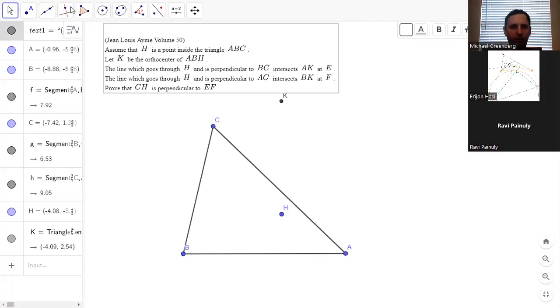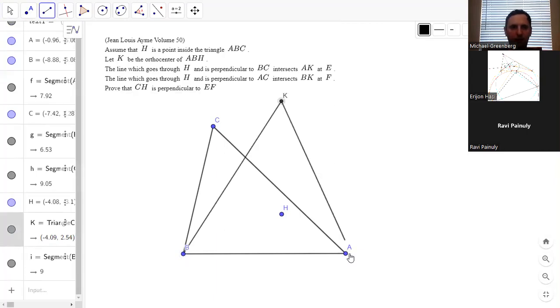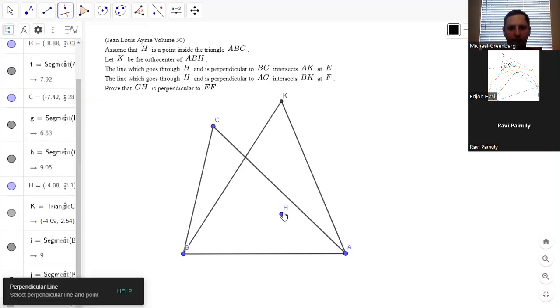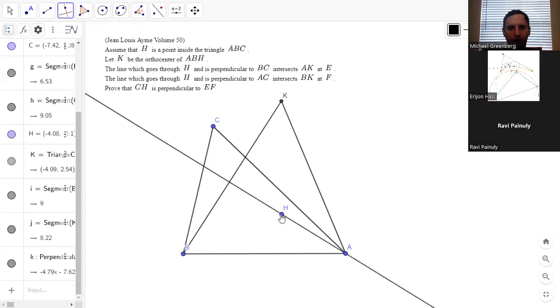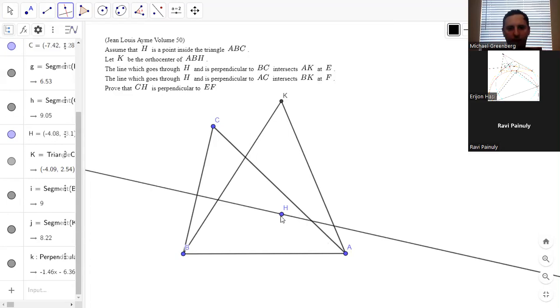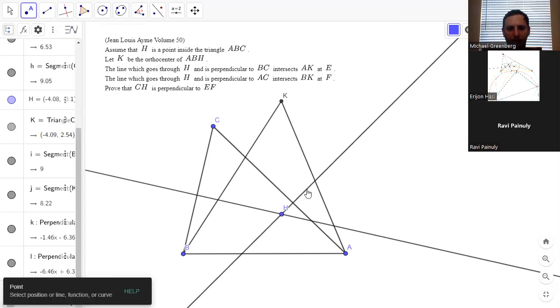So the line going through H perpendicular to BC, we want to see where that intersects AK. And then the line through H perpendicular to AC, and I want to see where it meets AK and BK.